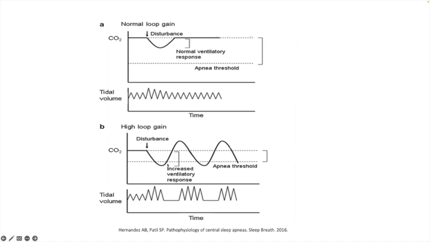So then the chemoreceptors direct the lungs for a ventilatory response that ends up being exceedingly out of proportion, and the carbon dioxide level surpasses the normal steady state level, compared to in the top when the carbon dioxide level returns to steady state in a normal ventilatory response. So as you can see, this cyclical pattern of breathing in a patient with high loop gain contributes to ventilatory instability that can be seen in central sleep apnea.